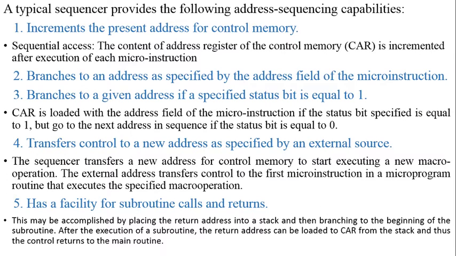Okay, so a typical sequencer provides the following address sequencing capability. A sequencer can perform address sequencing in 5 different ways. First one, increment the present address for control memory. This is a sequential micro instruction access technique.